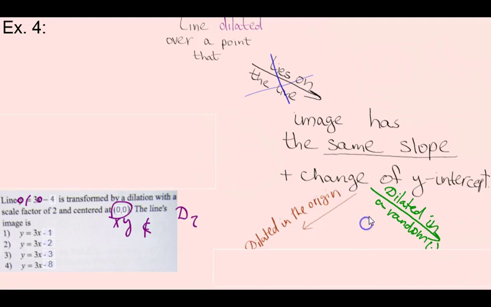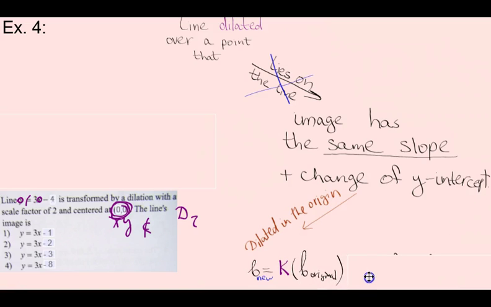So let's once again check if we are dilating over the origin or over a random point. We are dilating over the origin. Therefore, this is not what we're interested in. And to find the y-intercept, we will need to work with the original y-intercept, -4, and simply multiply it by the coefficient of dilation, which will give us -8.